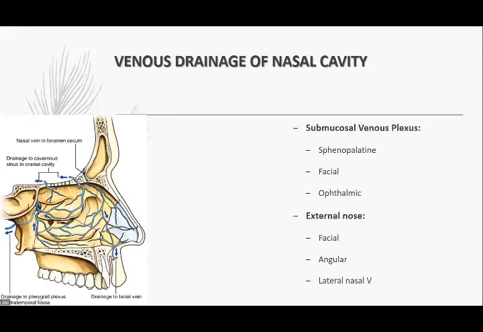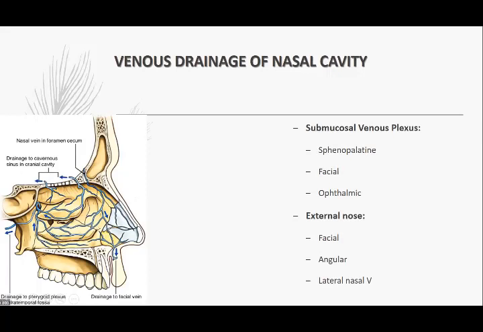Venous drainage. In venous drainage, the sphenopalatine veins drain into the pterygoid venous plexus. You have ophthalmic veins, anterior and posterior together, they drain into the cavernous sinus, pterygoid venous plexus, whichever.